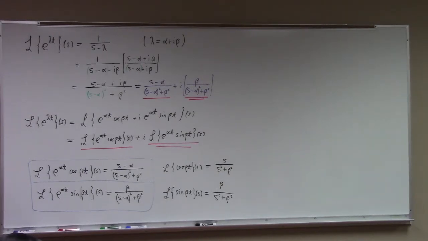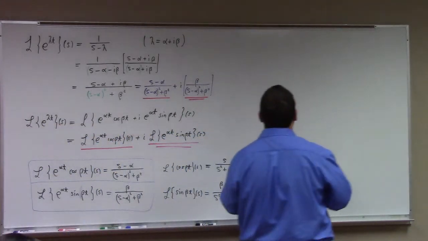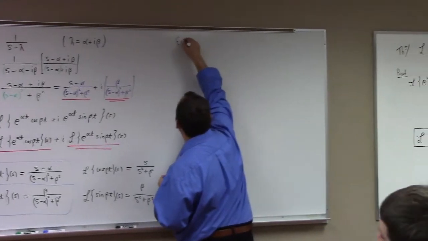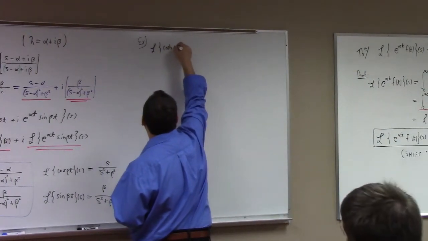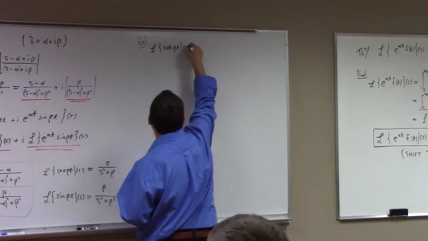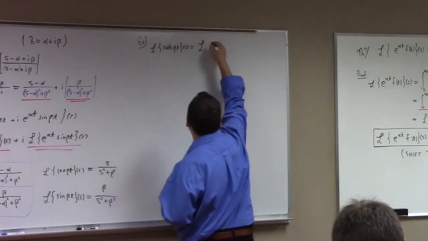But I always like to take the opportunity to point out that there are deep connections between the exponential, sine and cosine if we take a complex perspective. What about cosh and sinh? Let's work that out. What would be the Laplace transform of cosh beta t? What would that look like? Let's do it in pieces.